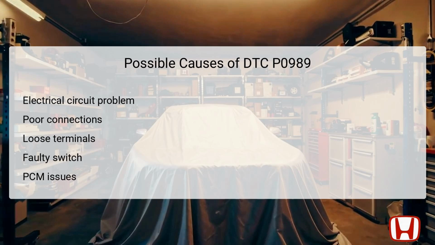Additionally, if the pressure switch itself fails, it may send a consistent low signal to the PCM, prompting this DTC to appear. In rare scenarios, the issue may originate from the PCM itself, although this is less common. Understanding these potential causes is vital for effective troubleshooting, as it narrows down the areas that require inspection or repair.